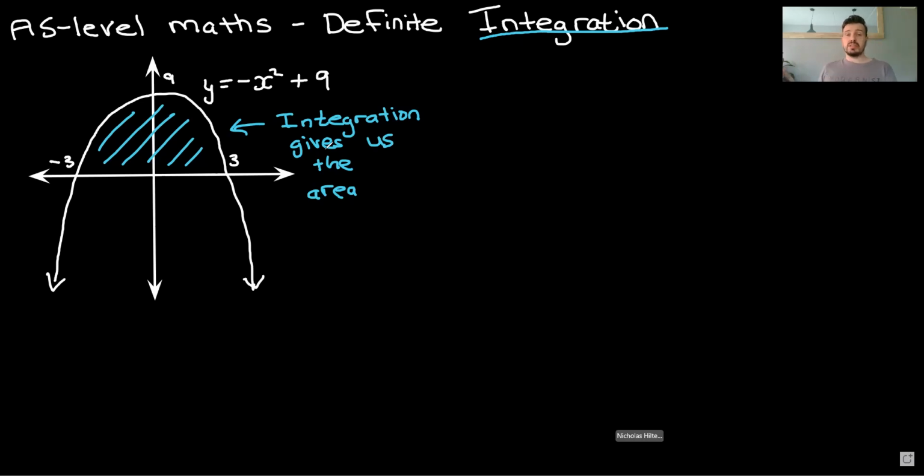So where would this be useful? Well, say that I had a velocity time graph in physics. I could then use the area under the graph to find our displacement.